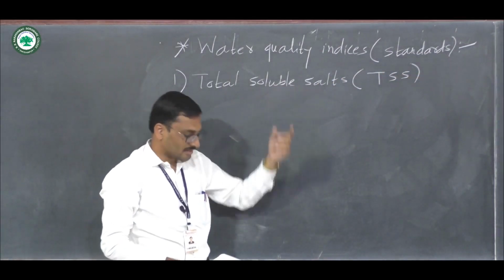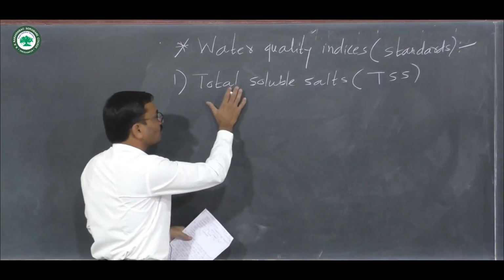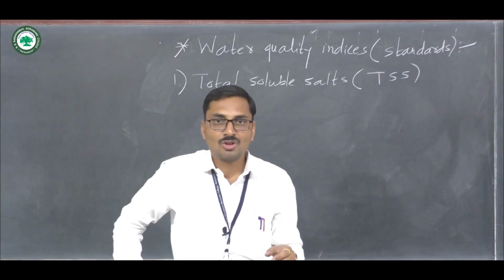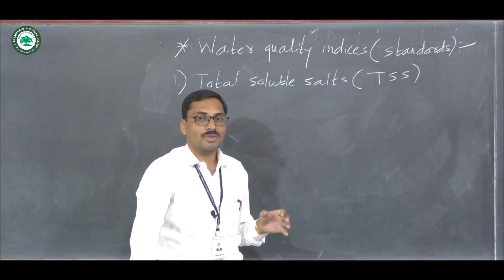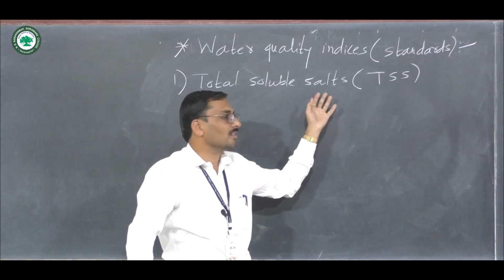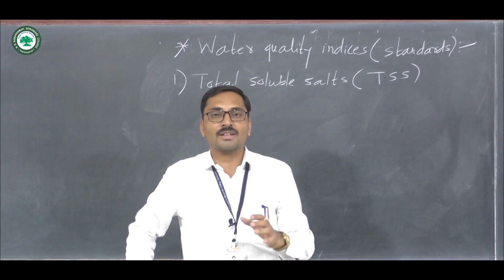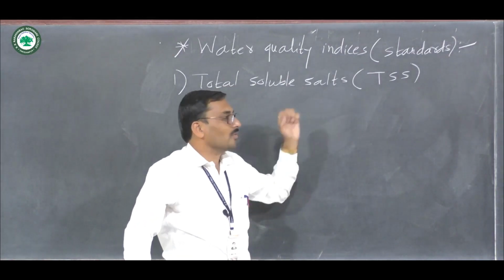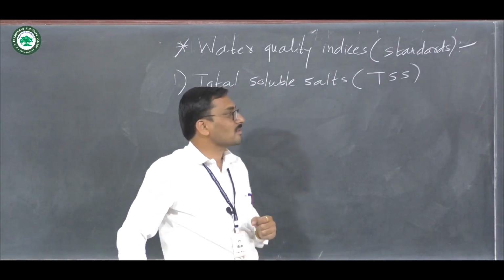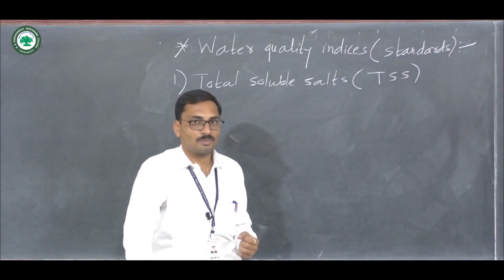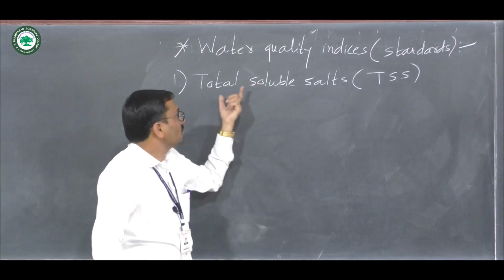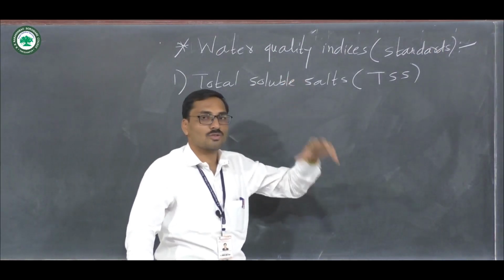The total concentration of the different elements present in the given water is one of the important factors to determine the quality of the water for agriculture. If the water consists of a huge amount of soluble salts, then such water is not good for agriculture. So the salts should be less.